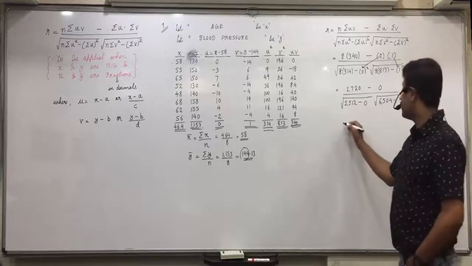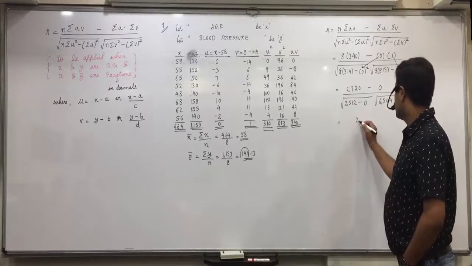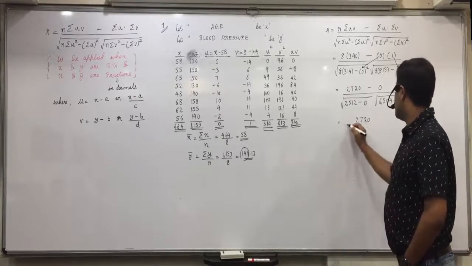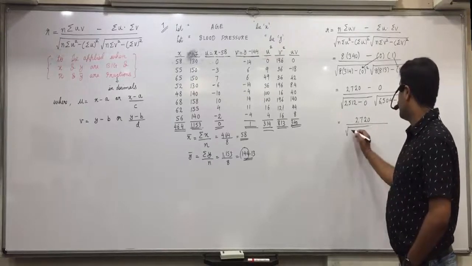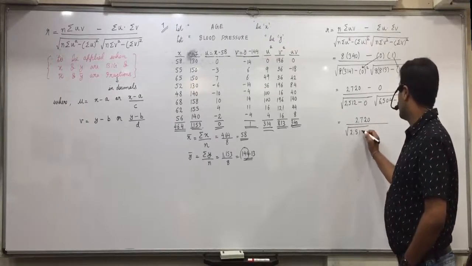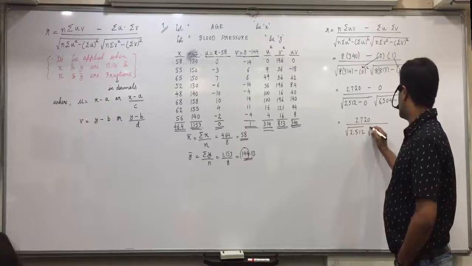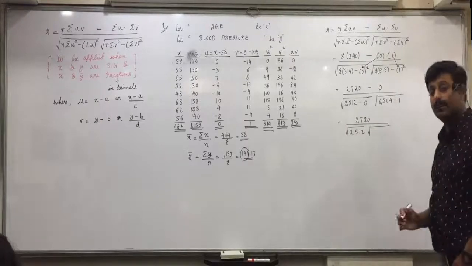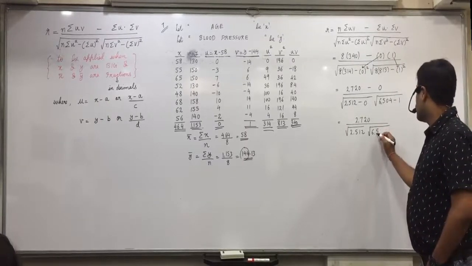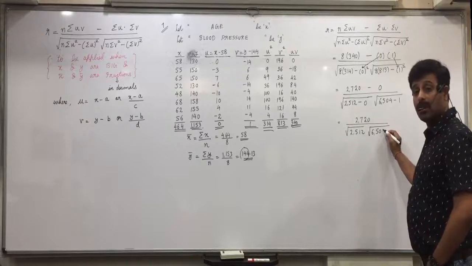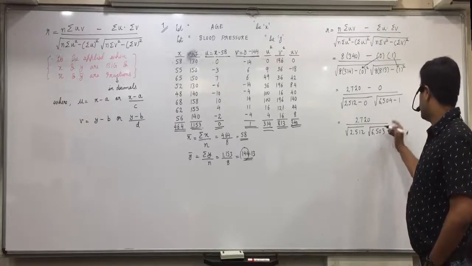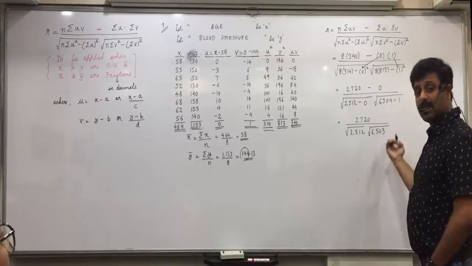Yashmi, further. 2720. 2512 minus 0 is 2512 itself. And 6505 minus 1 is 6503.